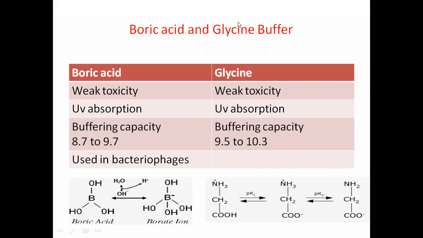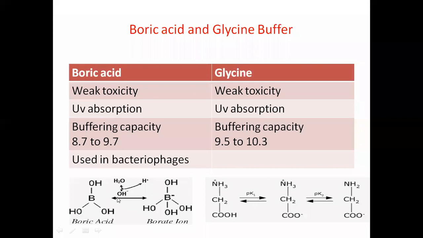Look here, this is the boric acid molecule. In the water medium, in the presence of OH, it forms another OH connected to the boron atom and becomes a borate ion. And once the OH minus leaves, it becomes boric acid.